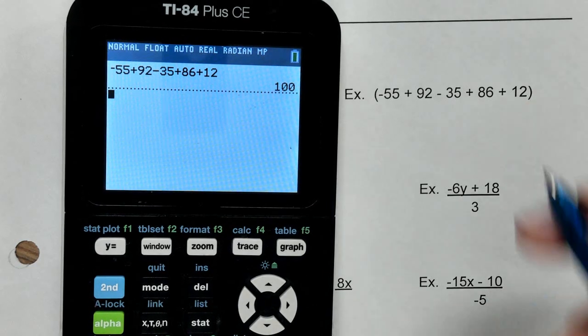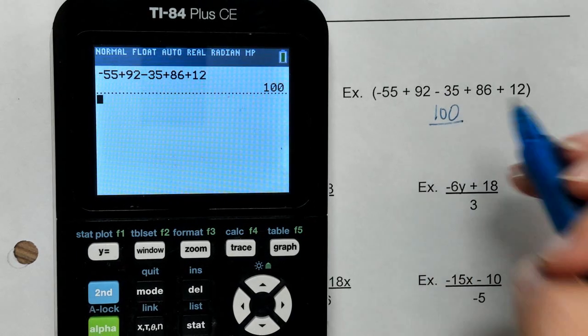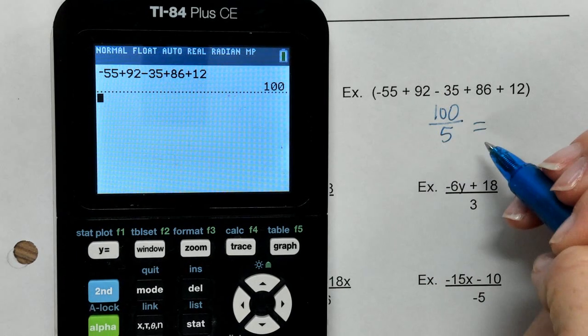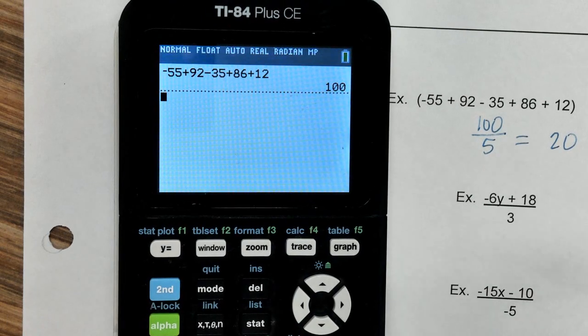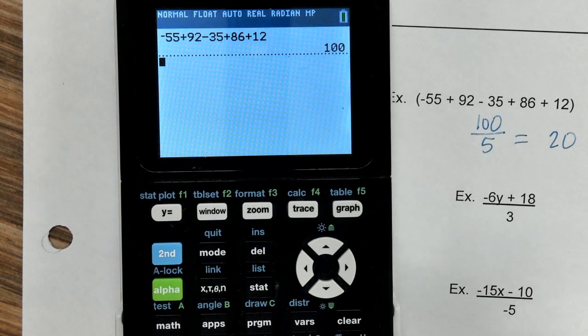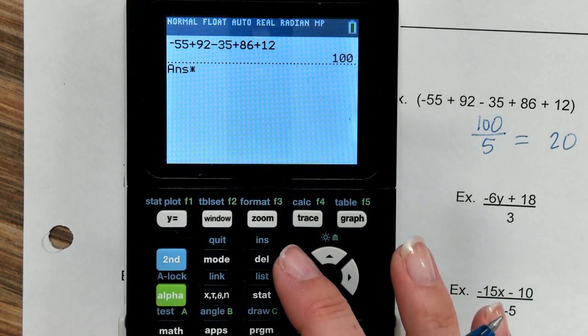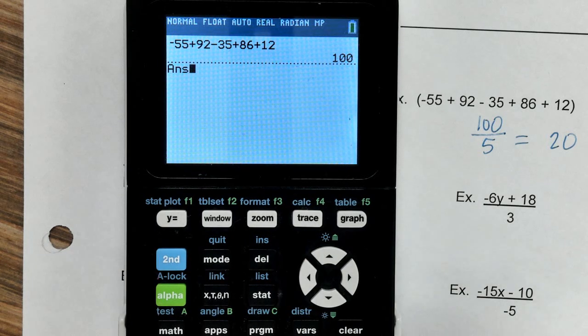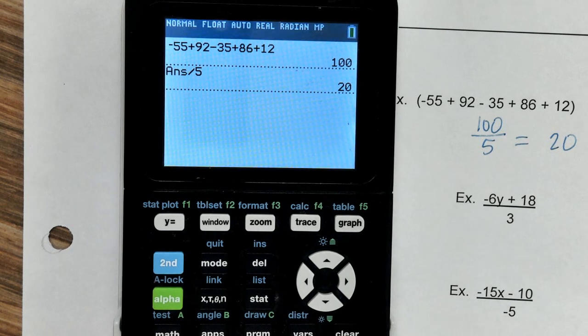I got 100. And then I'm going to divide by what? 5. And 100 divided by 5 is 20. So look, if I don't want to type 100 divided by 5, I simply hit divide. It says, oops, see, what did I accidentally push? Multiply. So I just go back, change it to divide. Divide by 5. I got 20.